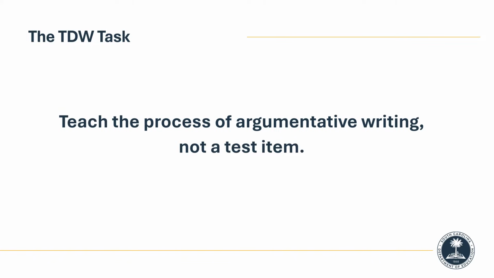Again, we must teach students the process of writing an argument, not writing a test item. If we teach the writing process, we are preparing students for the test. The TDW items were intentionally designed to closely align with the writing standards so that teachers can focus on instruction instead of test prep.